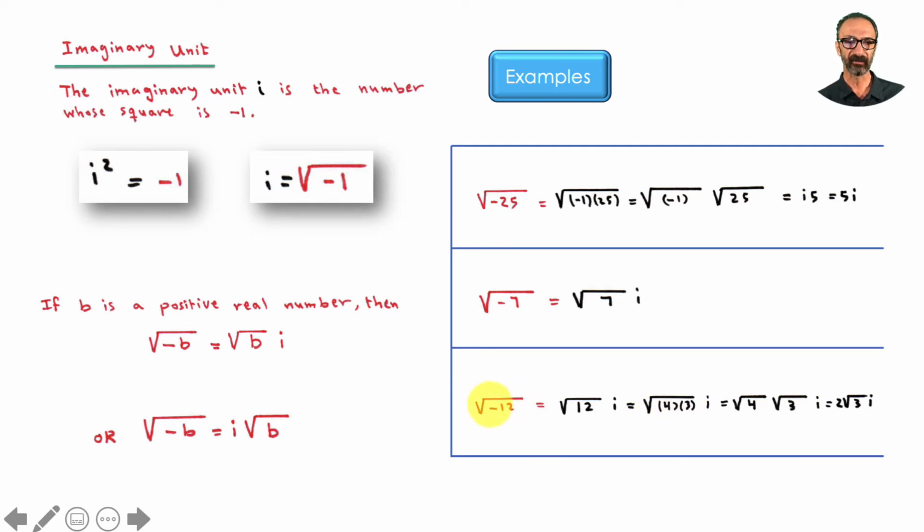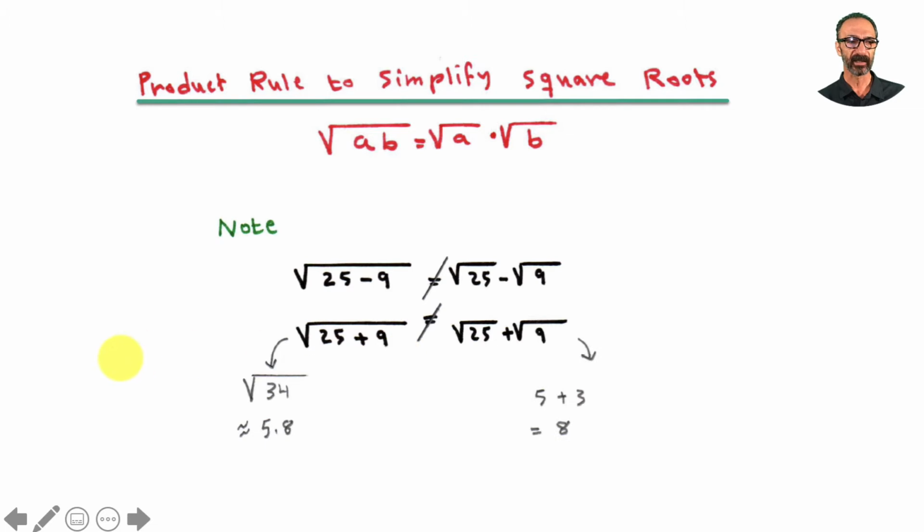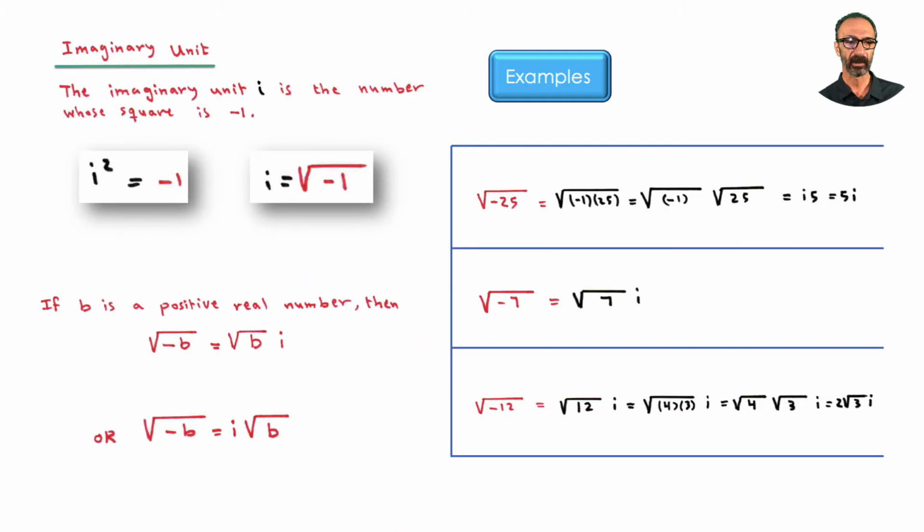The square root of negative 1 was already done as an i. Sorry, I went too fast. The square root of 4 is 2. The square root of 3 stays, and the i came from the square root of negative 1, so it's 2 square root of 3 times i. That should do it for the slide.